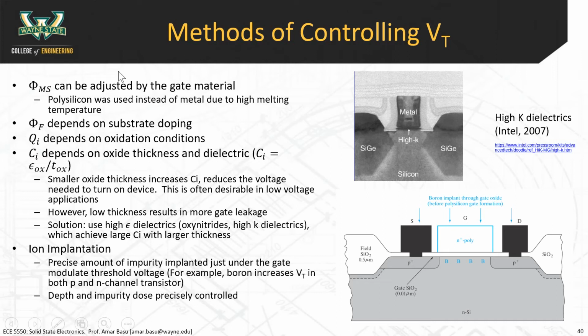I mentioned before that polysilicon has been traditionally used for many years because it has a high melting point. So instead of using a low melting point metal, you use polysilicon, which is compatible with these high temperature processes. And because the polysilicon is doped to a very high degree, it behaves like a metal. All right?